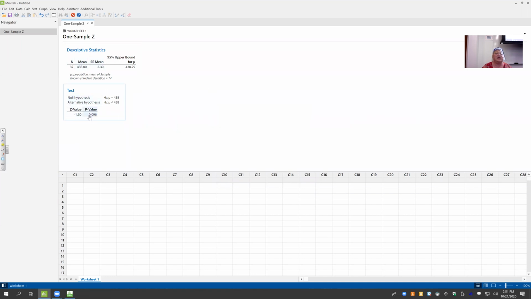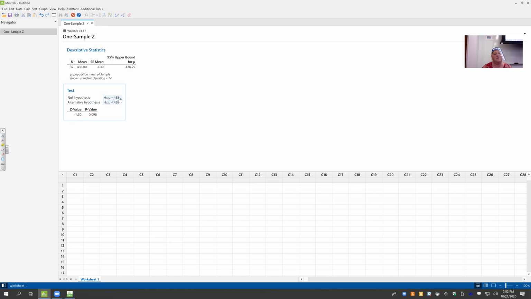What I need are these last two numbers here under the header test. You have a z-value and a p-value. The z-value is your test statistic. That's your evidence. The p-value is your probability value. Now, let me point out one thing.